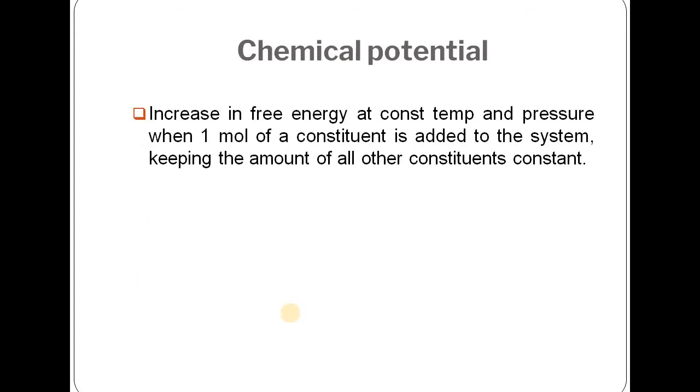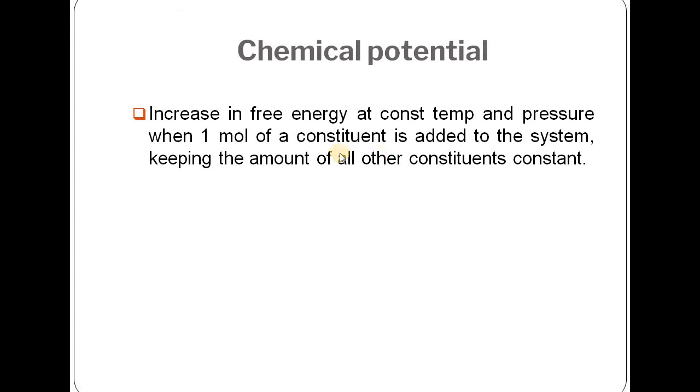The next topic is chemical potential. We are very familiar with this term, chemical potential. What do we mean by chemical potential? How we can define this? Chemical potential is the increase in free energy at constant temperature and pressure when we add 1 mole of a constituent to the system, keeping the amount of all other constituents constant.